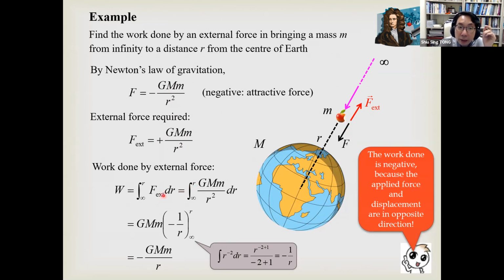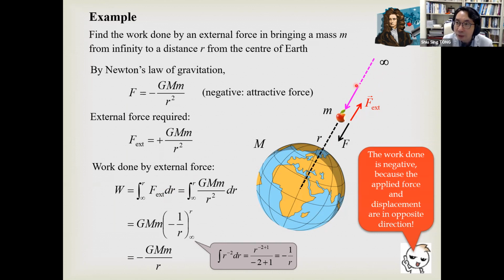Now I want to find the work done by the external force. So what are the starting point and the ending point? Suppose I'm a Superman, and I want to transport the apple from a point which is very far away from Earth to the distance r from the Earth's center.